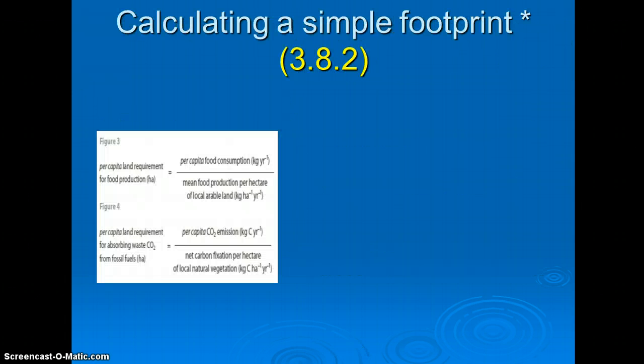So let's talk about what goes into calculating a semi-simple footprint. And I have an asterisk here because a simple footprint, all things considered, is very overwhelming. We're going to talk about this in class. It is in your objectives. I'm going to talk about some of the key factors that go into your calculation.